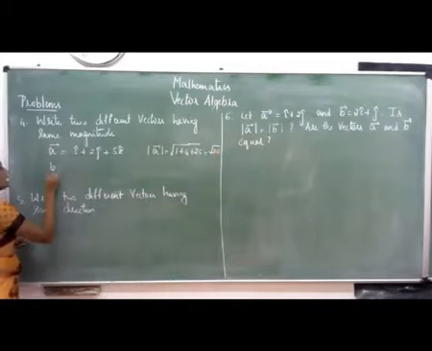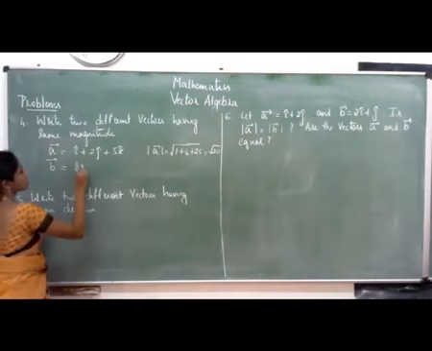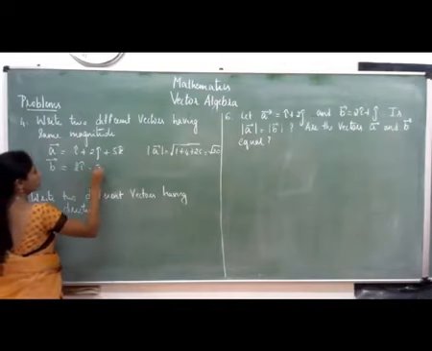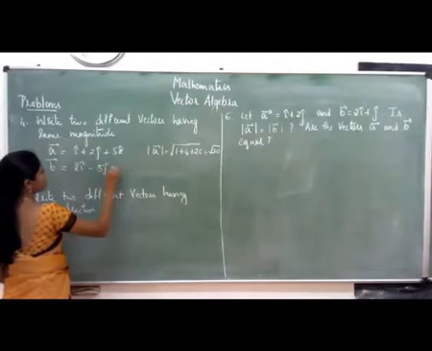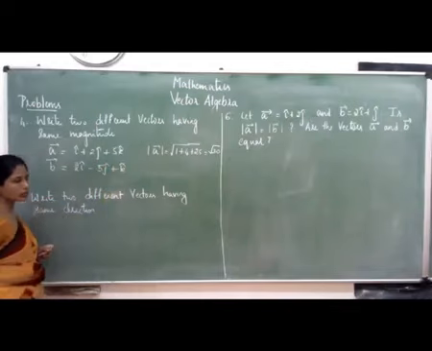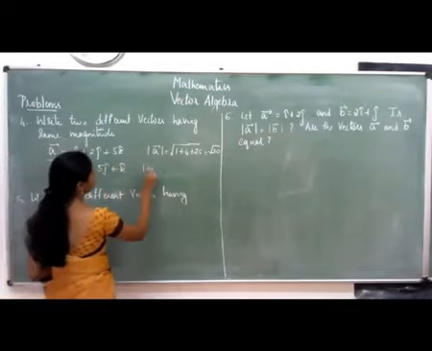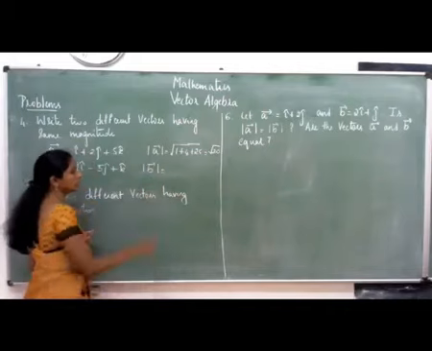Now I am going to write the next vector. So here what I do is 2i cap minus 5j cap plus k cap. What will be the magnitude of this?